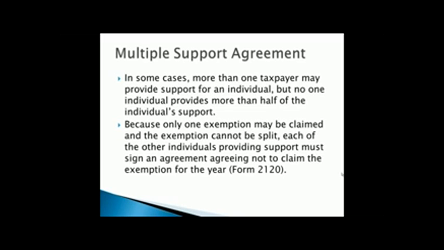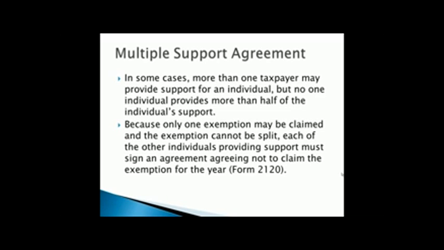Multiple support agreement. This is when you have the parent in the nursing home that you provide support for. You provide support for them, and maybe you have a brother and a sister that also gives to their support. As long as the total amount of the support given to the person is more than 50% of what the person makes, somebody's allowed to take that exemption.